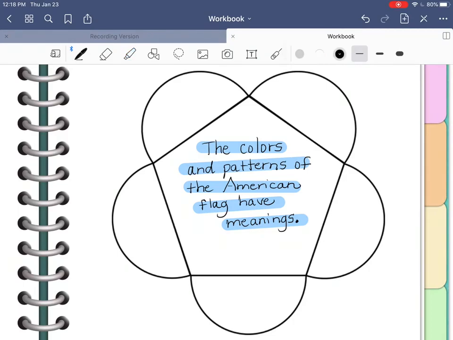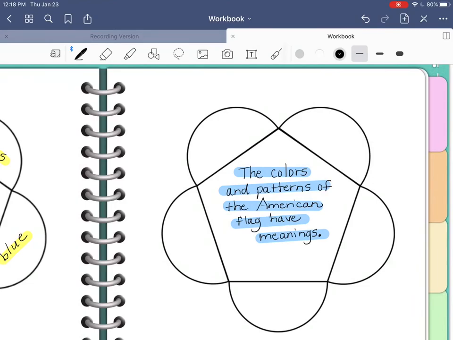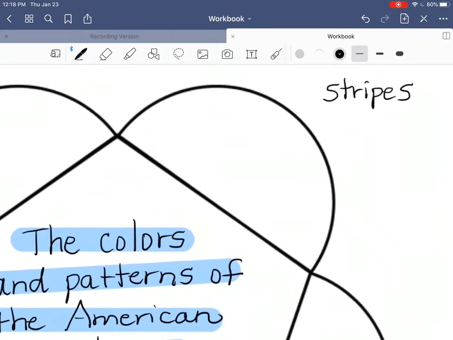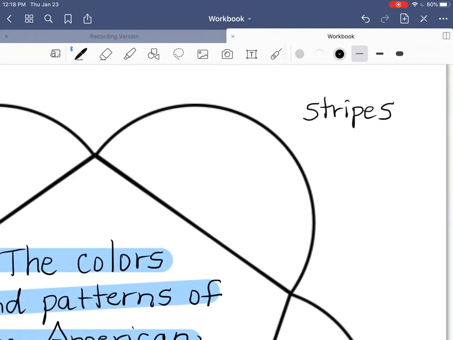And then let's go ahead and make the details. And remember, this is the picture for stripes. So on the back of the stripes tab, we're going to put in some details. And I'm going to zoom in so I can see what I'm doing. For stripes, it tells us that they represent rays of sunlight. And I'm not using sentences here. I am just giving you bare bones. So why did the designers want stripes?